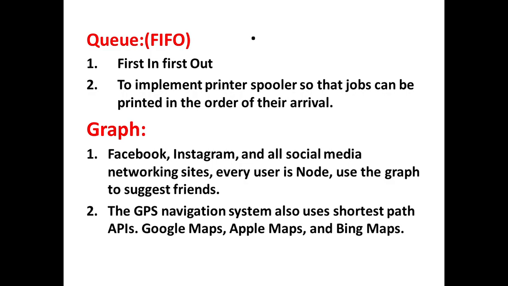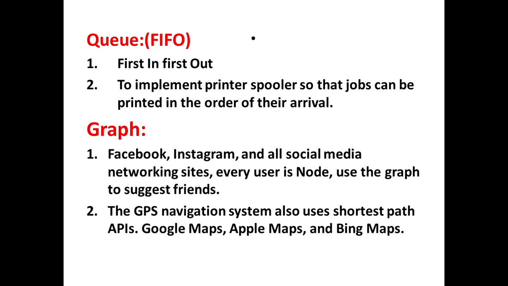For example, if you consider Facebook, it will suggest the friend list and the common friends. So every user is represented as a node, and the relationship between the users is represented as an edge there.